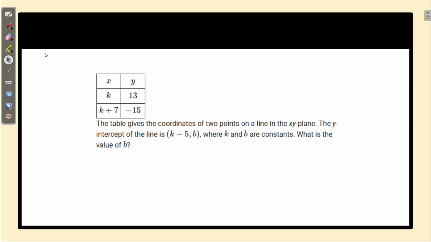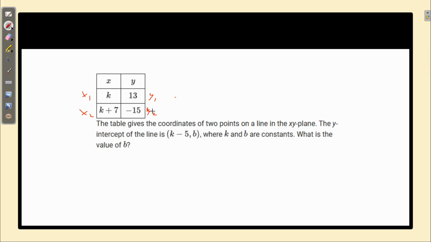So what we can do here is find the slope to help think it out. If we remember, the slope is y2 minus y1 over x2 minus x1. In this case, let's set this to our y2, this to our x2, this to our x1, and this to our y1. Now, how do we calculate the slope?